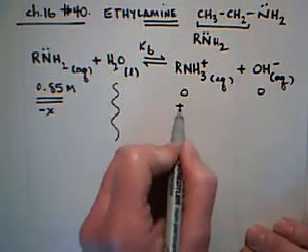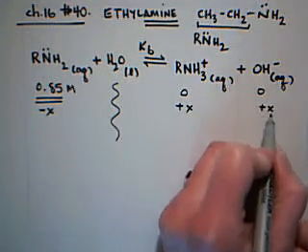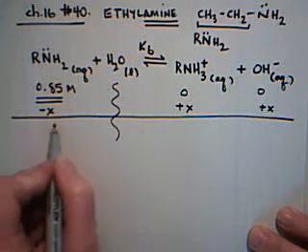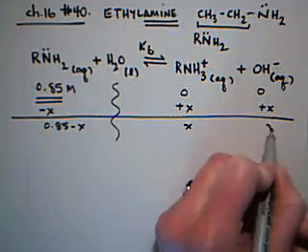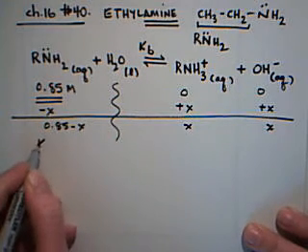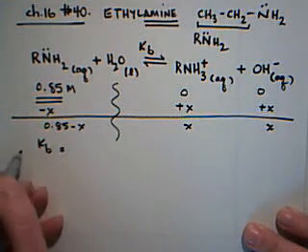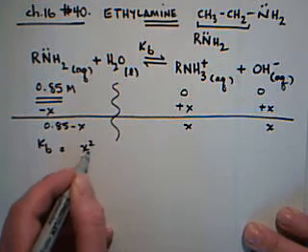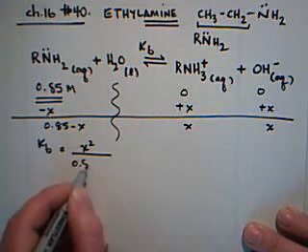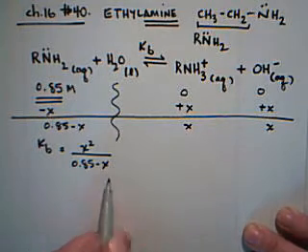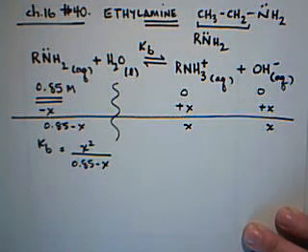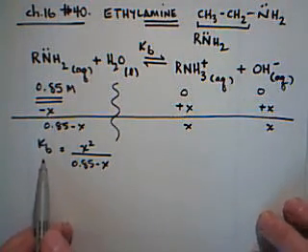Minus x plus x plus x. At equilibrium, 0.85 minus x, x, and x. So here we go, we have Kb, and we don't know what that number is, but it will be equal to x squared over 0.85 minus x. So at the moment, I have two unknowns. I have to look up the Kb value.